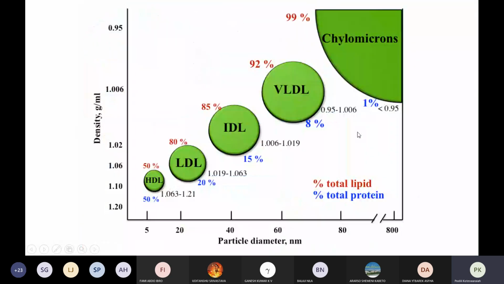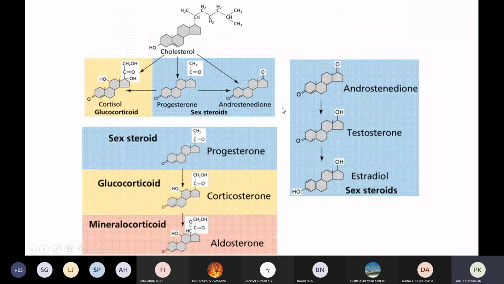And as I already said that all these male and female reproductive hormones are derived from the cholesterol, which is a derived lipid. You can see here all these the progesterone, corticosterone, and aldosterone. All these are testosterone. All these are derived from the cholesterol, which is a derived lipid.